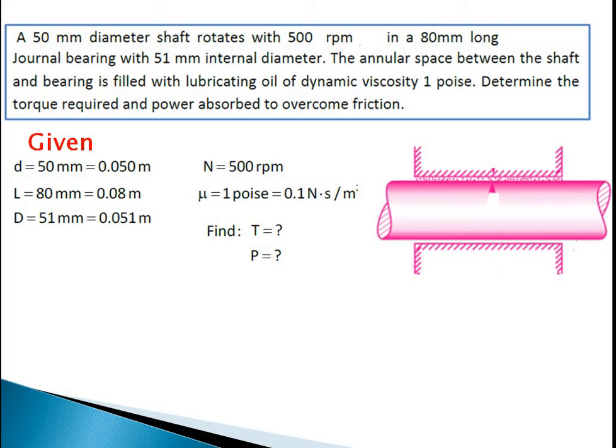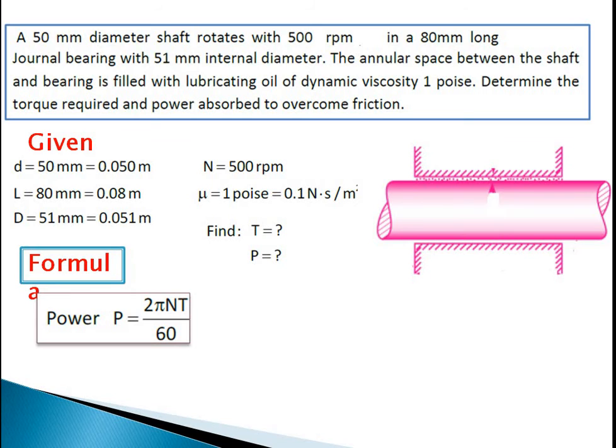Now convert all those quantities into meters initially. Then the speed of shaft rotation N is 500 rpm, and mu is 1 poise. By putting these values, we want to find the torque required and power absorbed to overcome the friction.